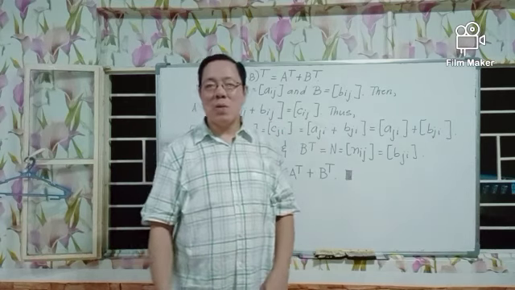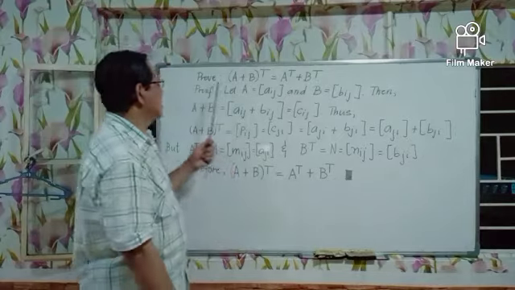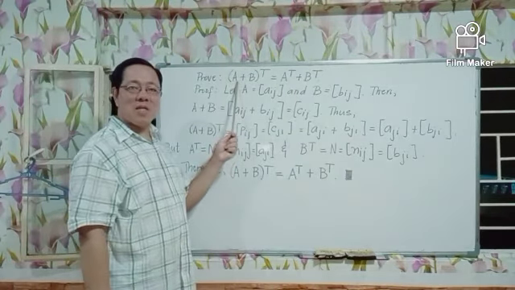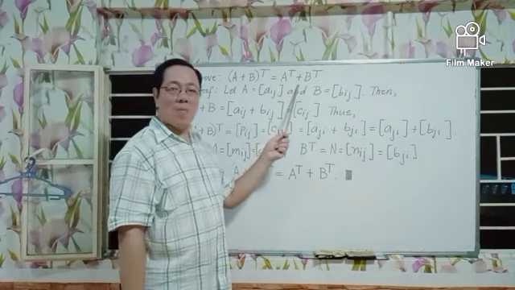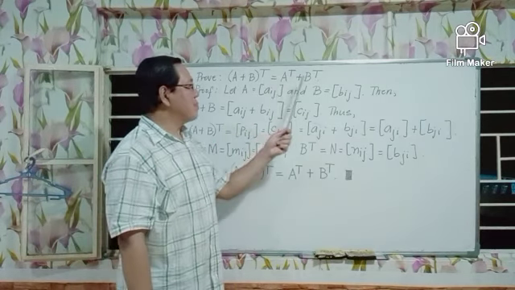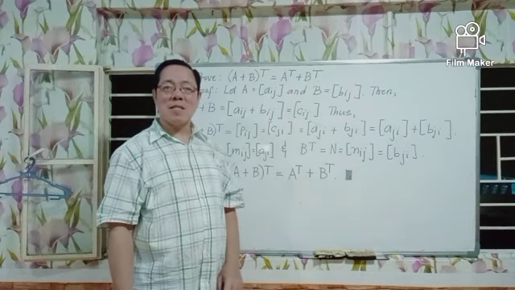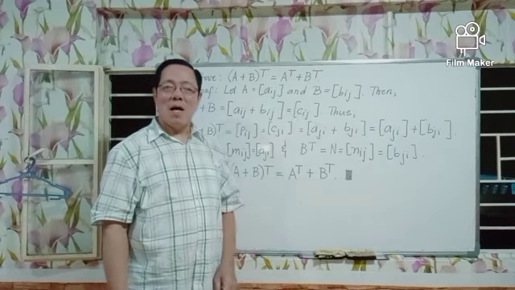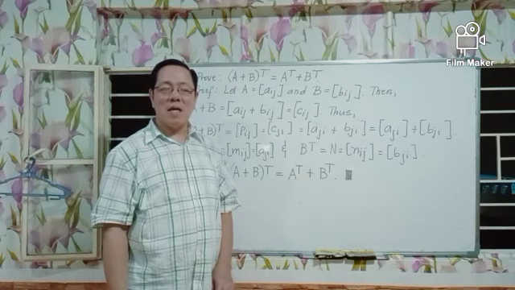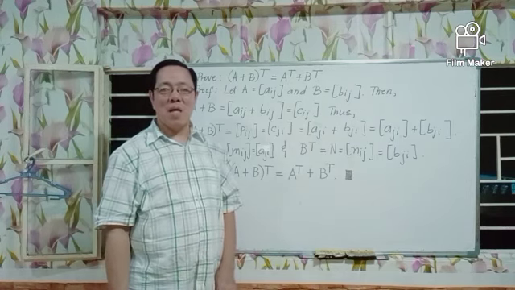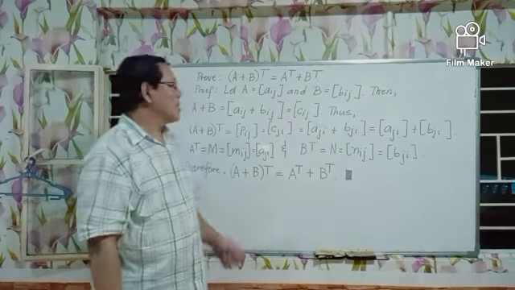In particular, we now prove that the transpose of the sum of matrices A and B, A plus B, is equal to the sum of the transpose of A and the transpose of B. In this sum A plus B, we assume that A and B have the same size or shape so that the sum A plus B is defined.